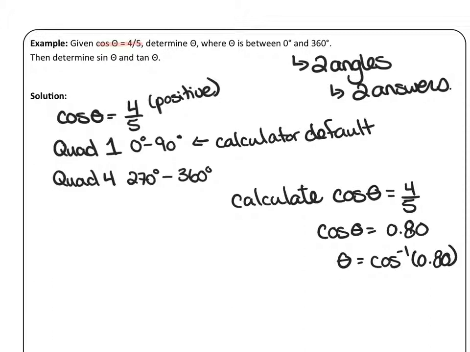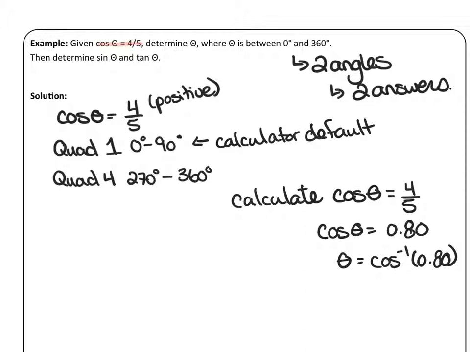I haven't said it yet, but when we're doing trigonometry, guys, please, please, please, because we're dealing with degrees, make sure your calculator is in degrees. If your calculator does not have a DEG at the top of it, or it's not set in degrees, your answers are not going to be correct. So make sure your calculator is in degrees.